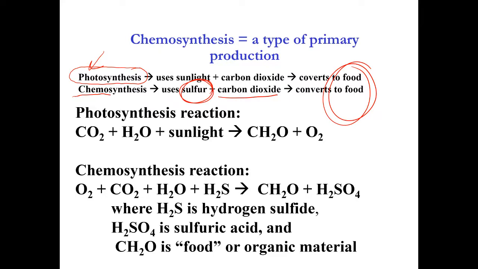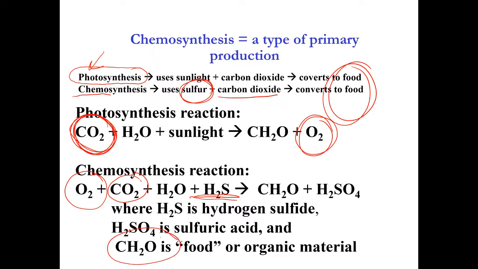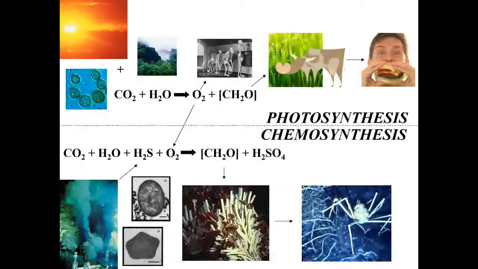Right? So in photosynthesis, we take in carbon dioxide, cleaning our planet, of course, and we produce oxygen. In chemosynthesis, you still have carbon dioxide, but we also use oxygen plus some sort of chemical material, and we produce hydrogen sulfide, sulfuric acid, and the food source for the organisms to live from.